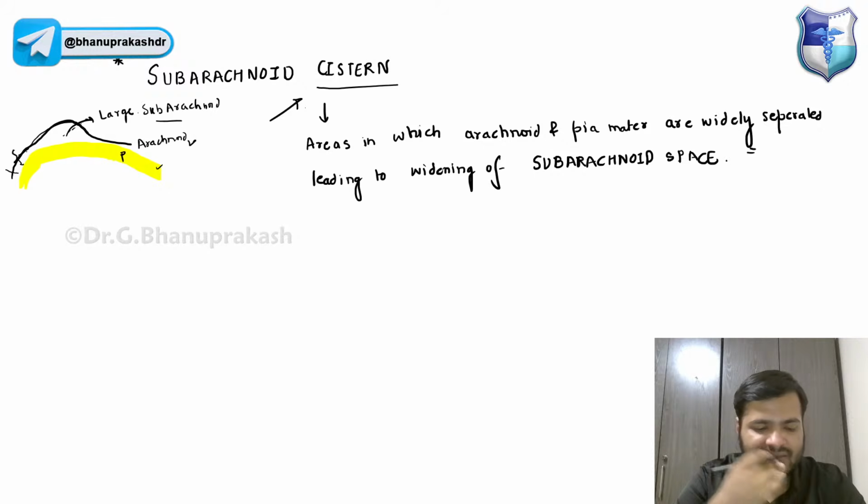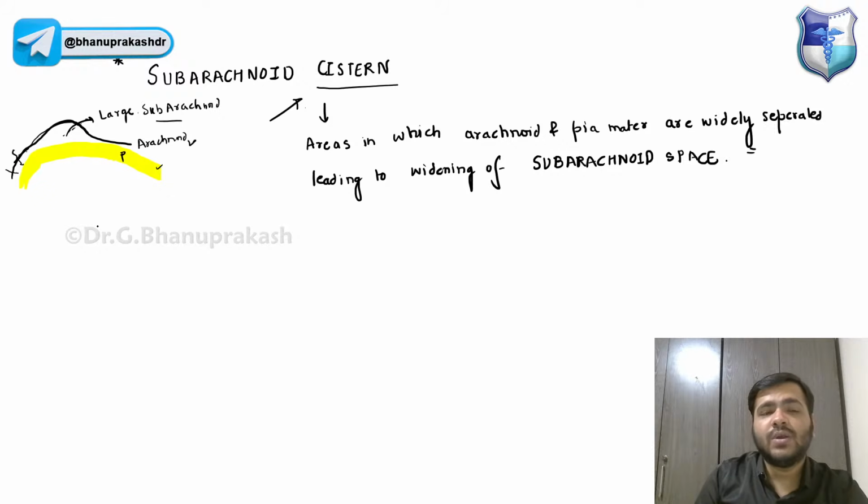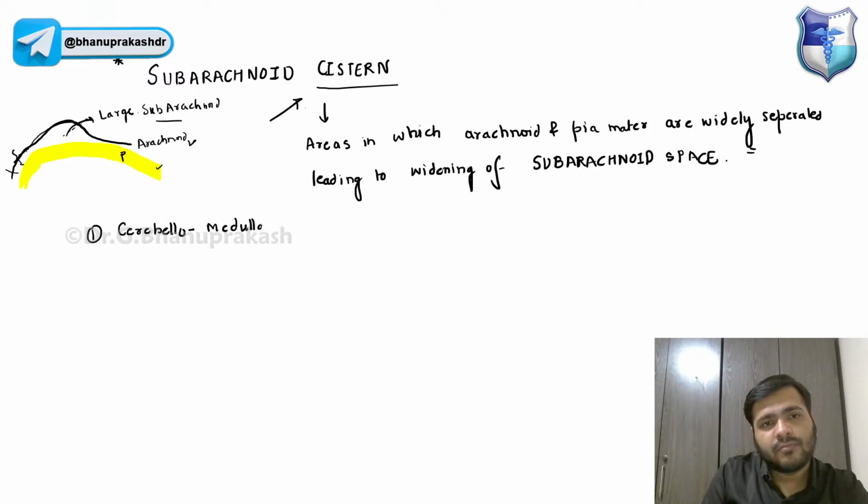Now over here, guys, we have various cisterns. Let us first try to name them, and then I will show you the diagrams. The very first one, remember, guys, is the cerebellomedullary cistern.